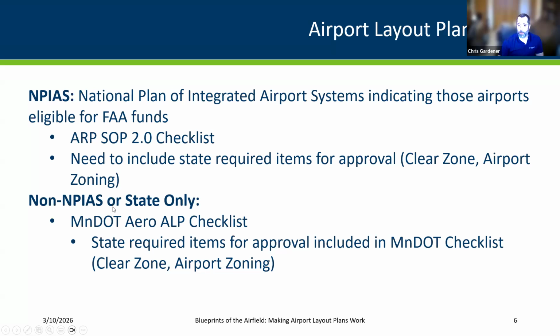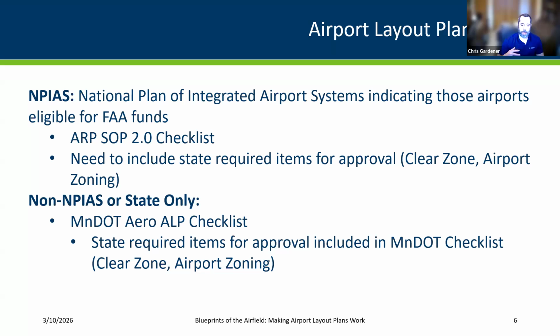For non-NPIAS or state-only ALPs, we do have our own MnDOT Aero ALP checklist, and we will take a look at that in just a couple minutes here. But specifically, for those of you that might be familiar with the ARP SOP 2.0 checklist, this is a very familiar checklist.